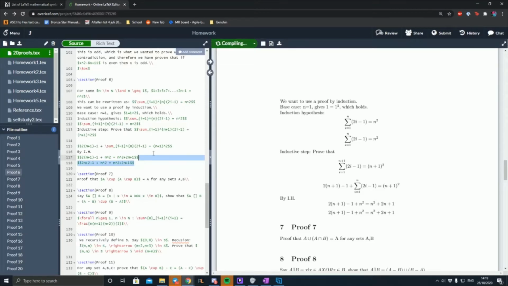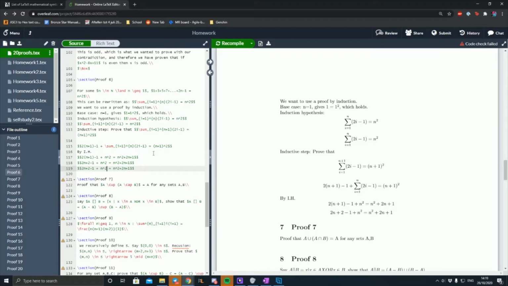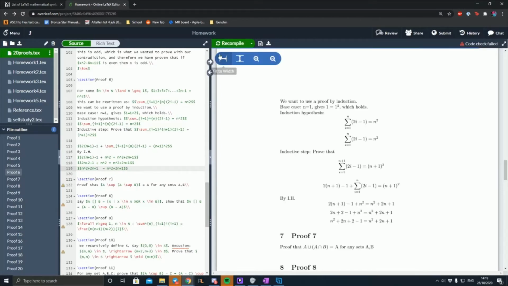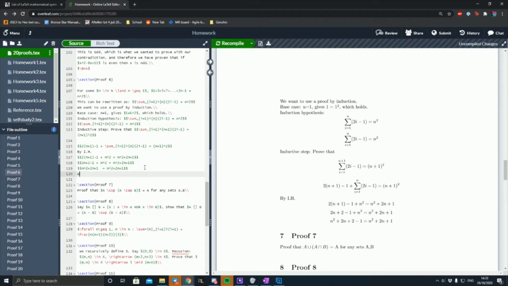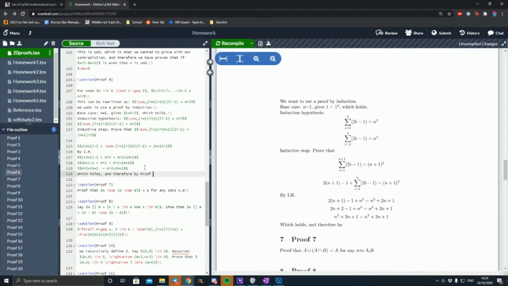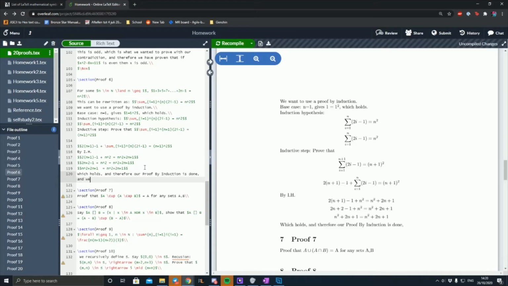Then I will rearrange everything a bit on both sides. This becomes n squared plus 2n plus 2 minus 1, which is the same as doing this. We have the same on both sides, which holds, and therefore our proof by induction is done, and we have proven that.